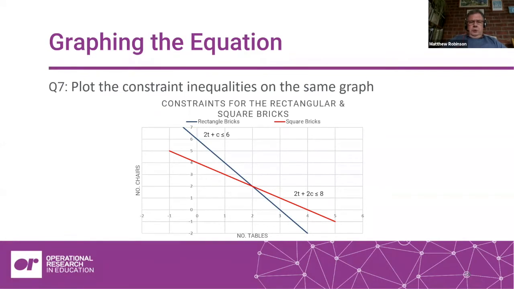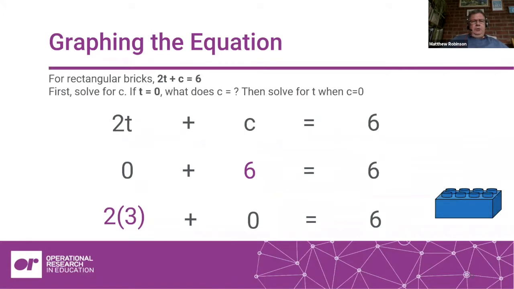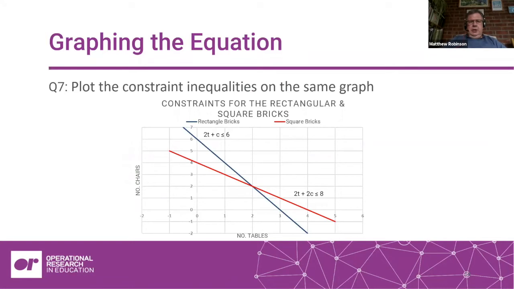So what we can do here, if we look at the blue line on here, so let me just go quickly back to the blue. So this is the rectangular bricks, don't forget. So on here, we said if we produce no tables, we can do 6 chairs. If we produce no chairs, we can do 3 tables. So plotting that on the graph, you can see the x-axis here is the number of tables on here, and the y-axis is the number of chairs.